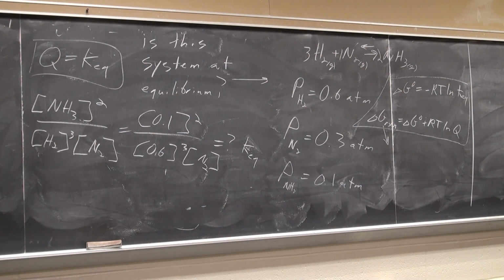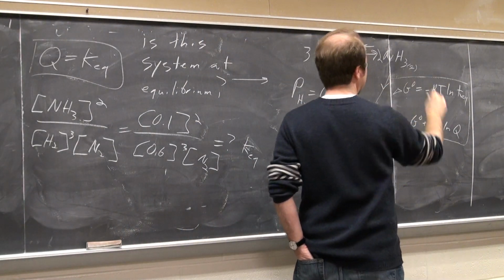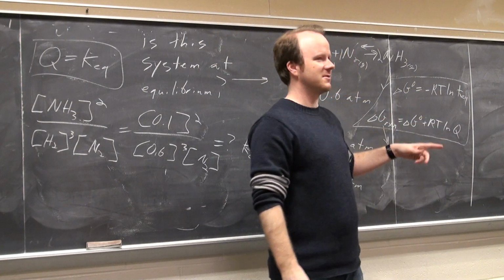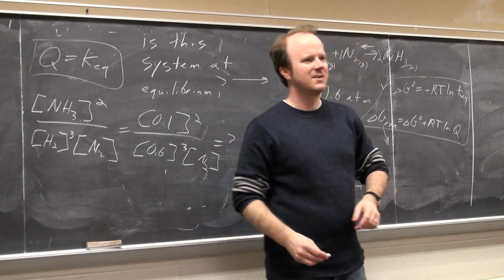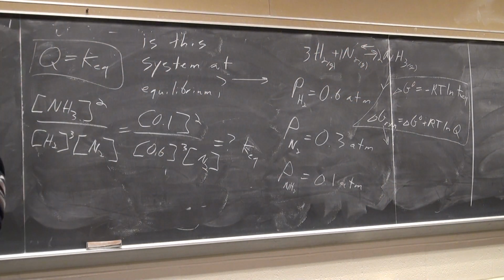Those are the 4 important ingredients. These equations aren't complicated, right? There's only 1, 2, 3 unknowns. 2 unknowns in this one. But anything that has to do with equilibrium, you need to be thinking these sorts of ideas.